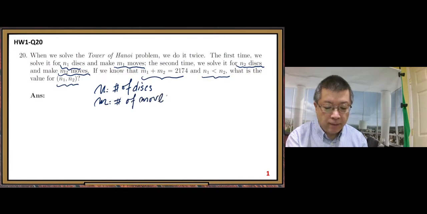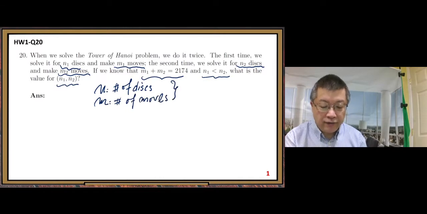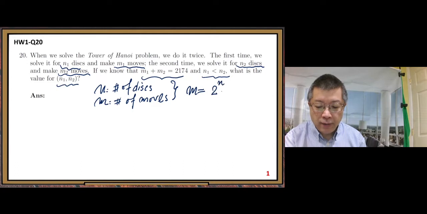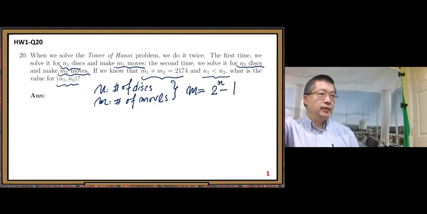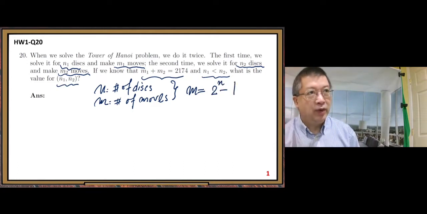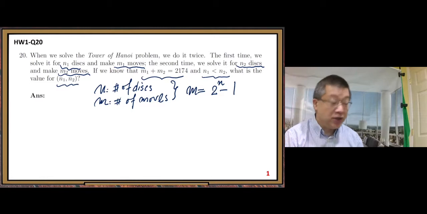We have the relationship M equals 2 to the nth minus 1, the formula we derived. Now it's easy.